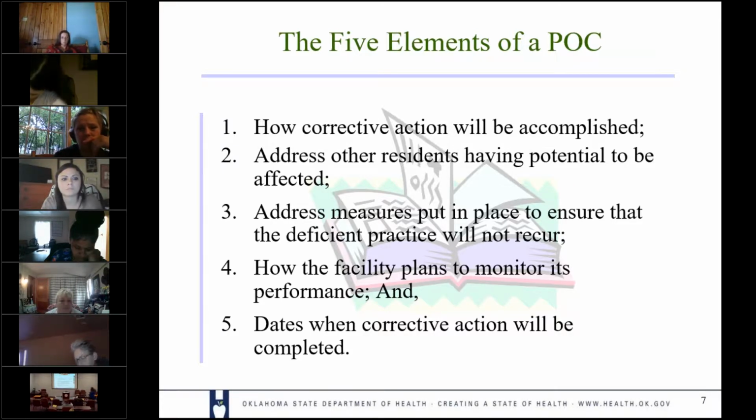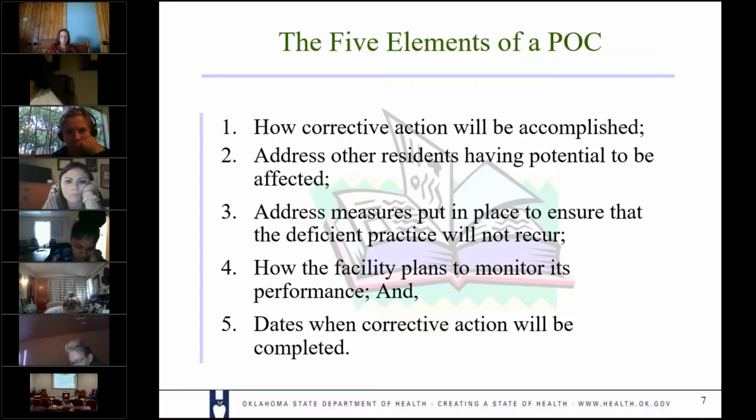And then you're going to set a date when the corrective action will be completed. Now, this also includes that you have monitored to make sure for a little bit that it's been completed. So you might do daily or even shift on some things at the beginning, and then after a week of doing that, say we're going to do weekly.